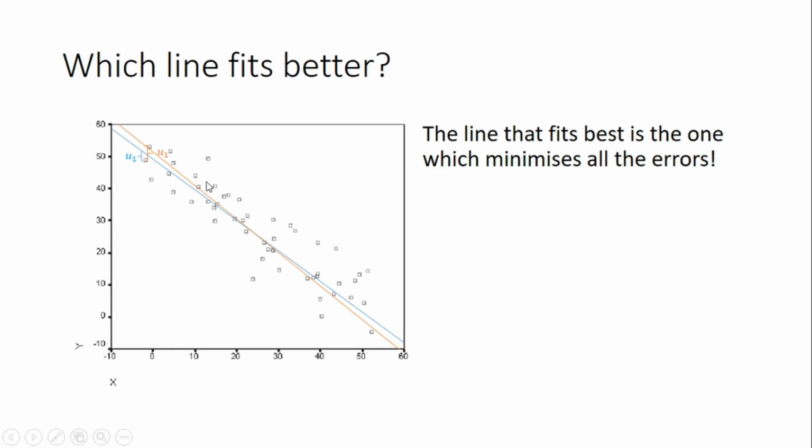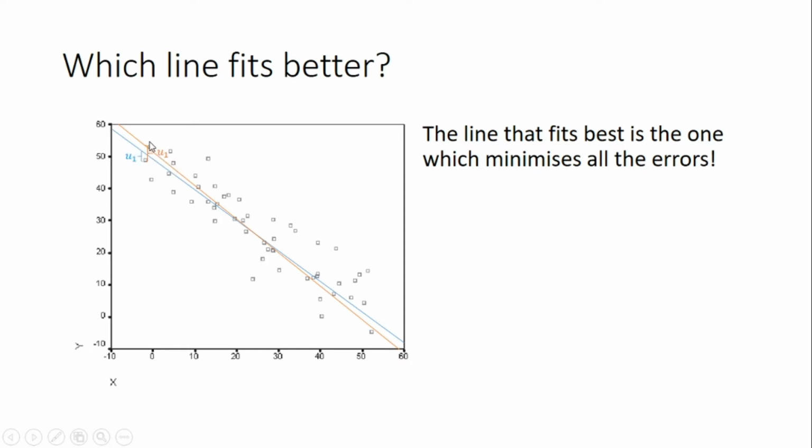We can begin to do so by recognizing that the line that fits best is the one that minimizes those errors. So if we just zoom in, or at least focus on this part over here, we've got our two randomly drawn lines, and we see that given the first actual value, our first blue line is closer to that actual value than this orange line. So the error term for the blue line is actually smaller, looking at the first observation alone, than this second orange line.